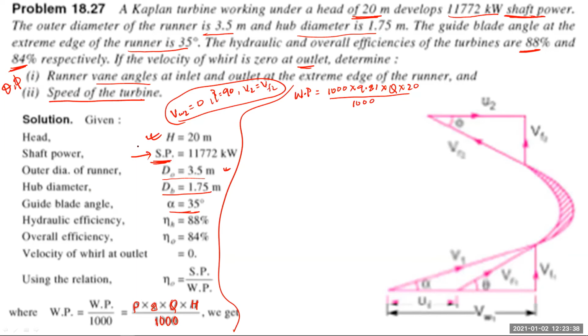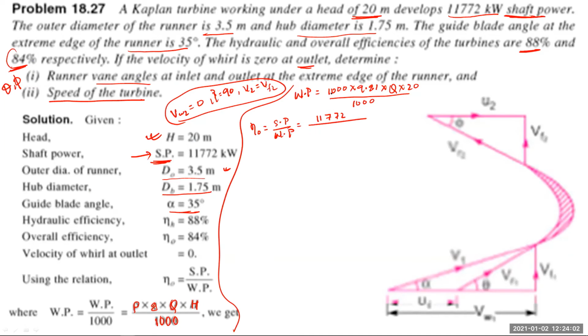So we have to correlate with your efficiency and shaft power. We know that overall efficiency is 84%. So eta overall equals shaft power upon water power. Shaft power value is given: 11,772 divided by water power.